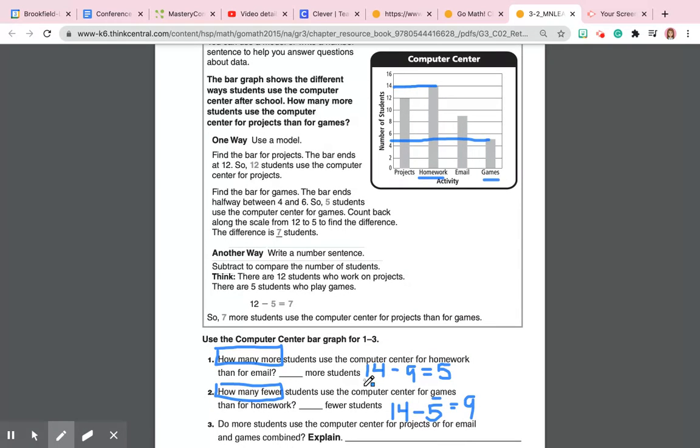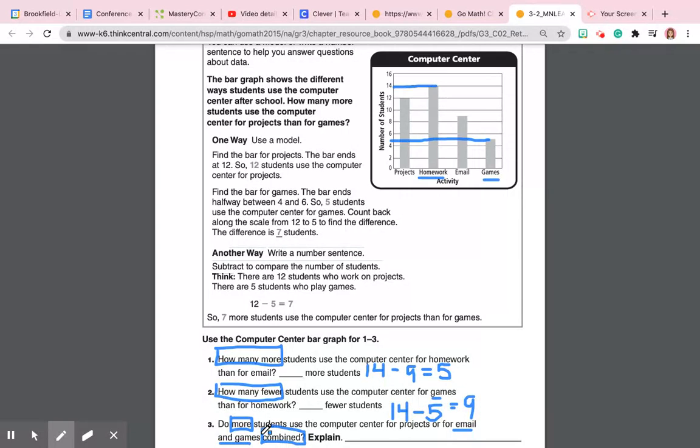Now, the last question. Do more students use the computer center for projects or for email and games combined? So when I read this problem, I hear it as a 2-step problem. I see my operation clues as more and combined.